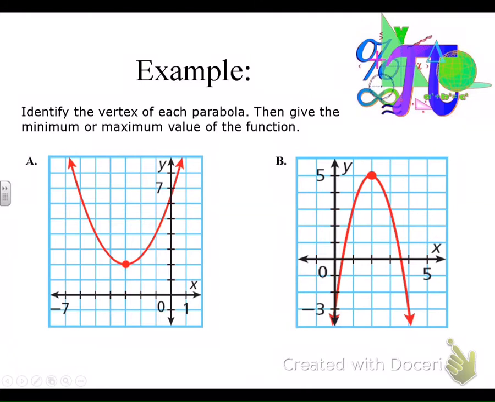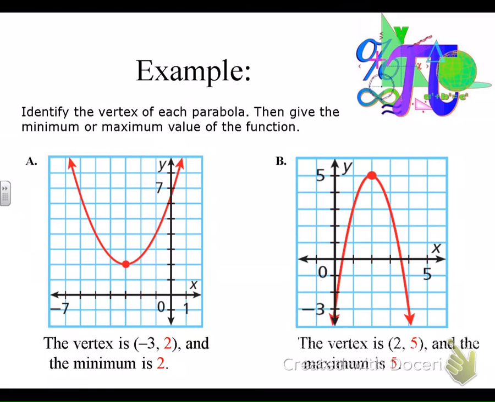We know this would be a minimum value, and so our minimum value would be the y-coordinate, which is +2. Graph B is going to have a maximum here at the vertex, and that maximum value is going to be 5. So the vertex is found at 2, 5, and 5 is the maximum.